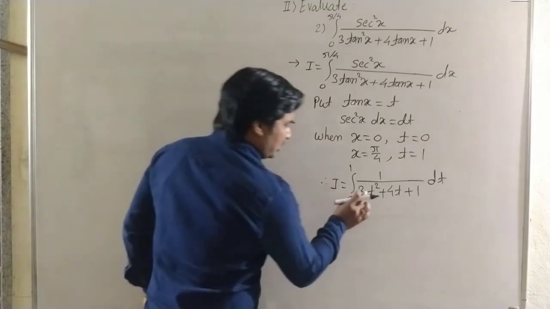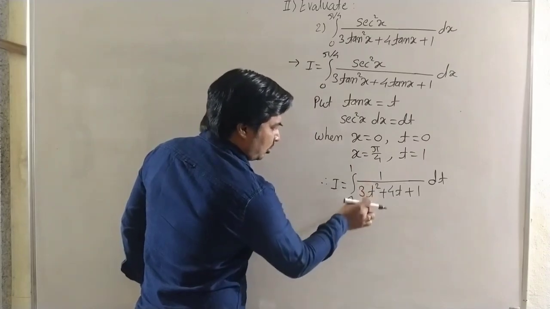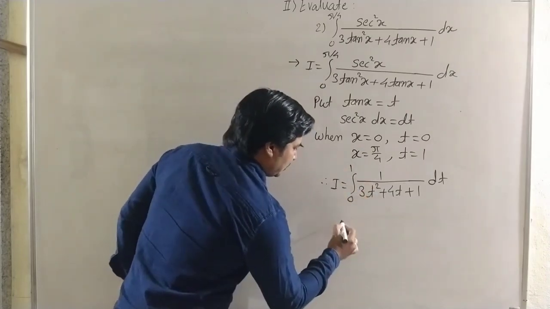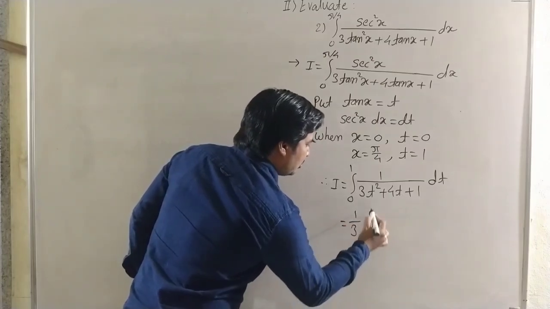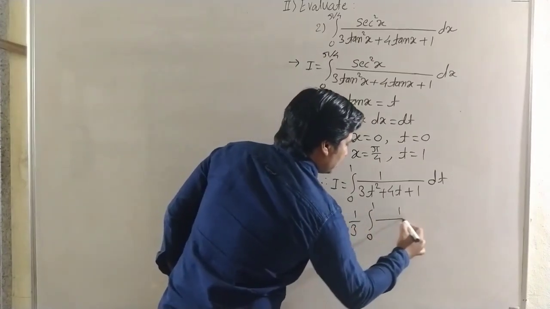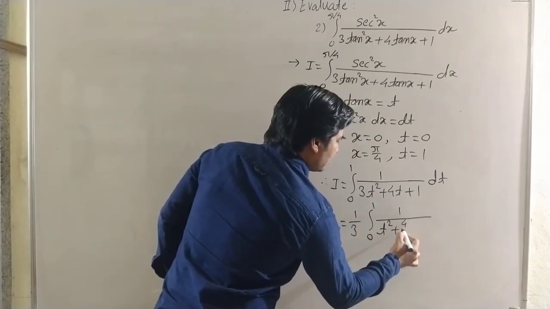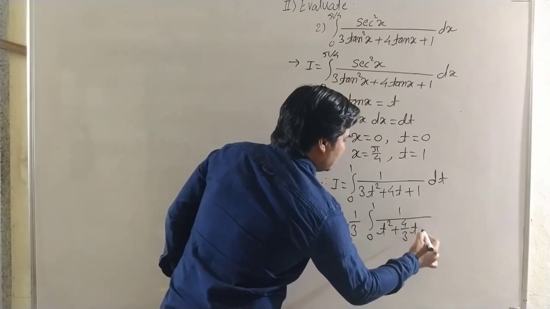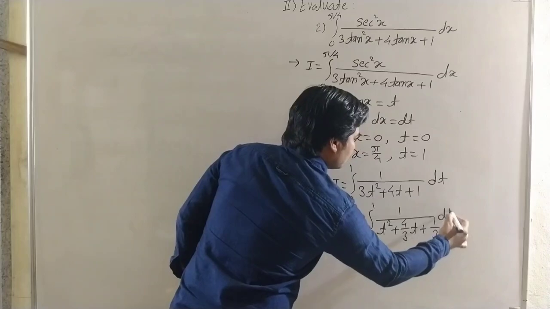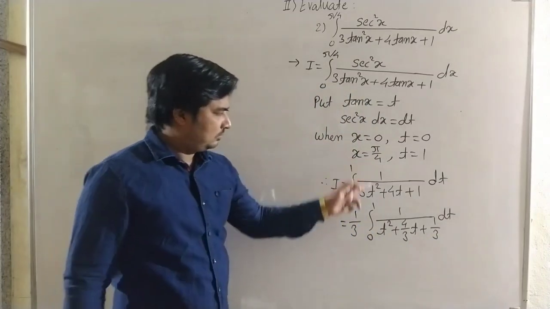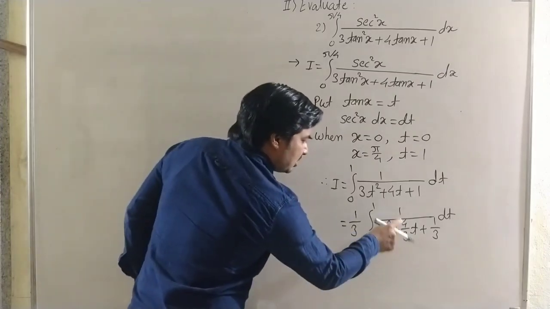For the completing square, first we take the common 3, the coefficient of t square, to make it 1. Therefore it is 1 by 3 into integral of 0 to 1 upon t square plus 4 by 3 t plus 1 by 3. Now the coefficient of t is 4 by 3.